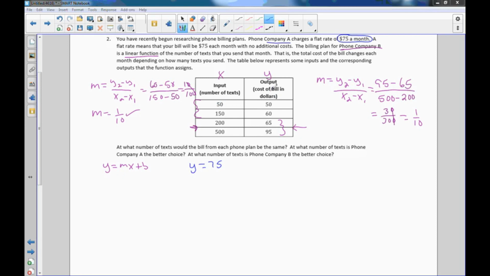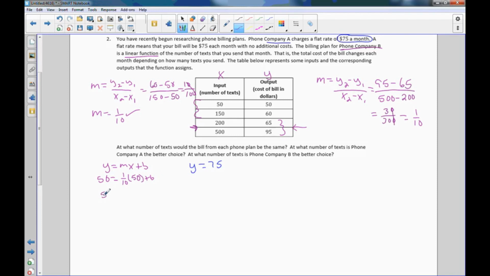So if I substitute in my y for 50, this 50 here, my y, equals my slope m of 1/10 times x, which is also 50, plus b.